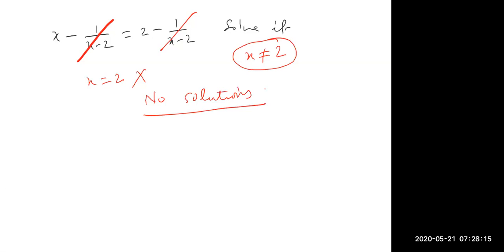Because I'm getting x equal to 2, but x cannot be 2 because it is coming in the denominator, 2 minus 2, 0. So this is a very, very important factor for your competitive exams.